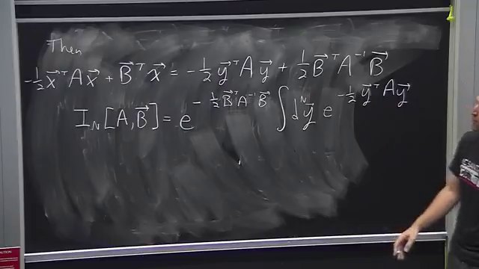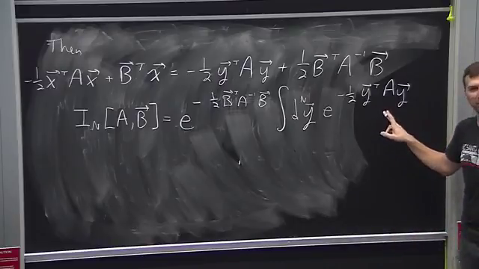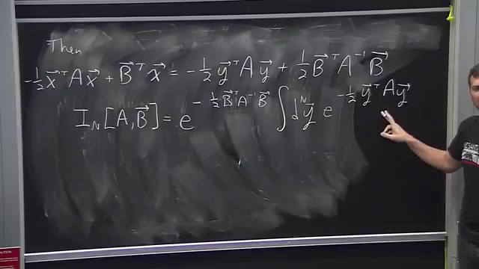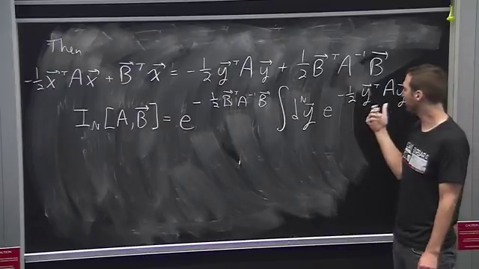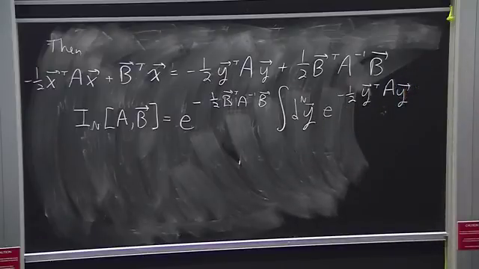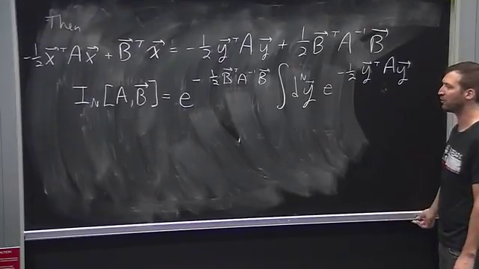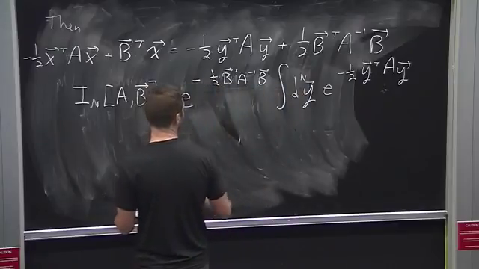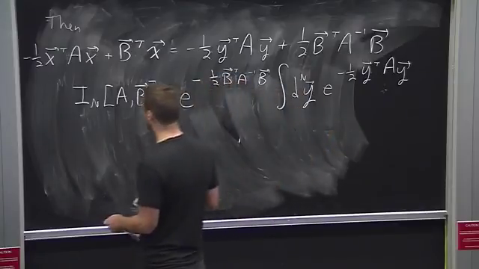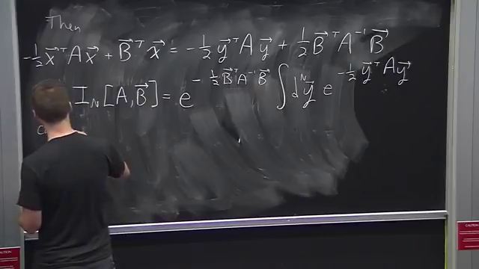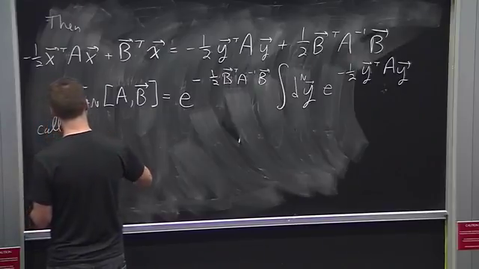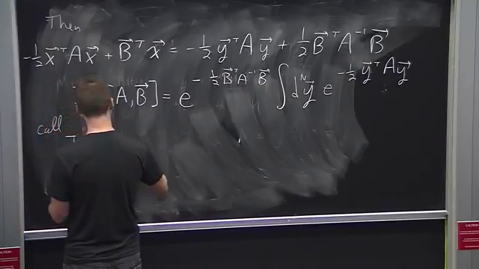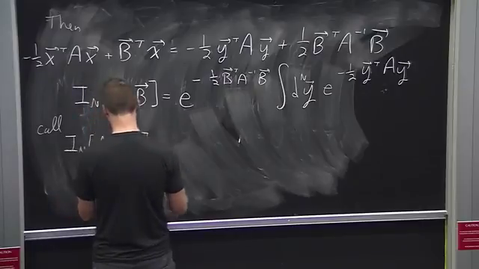We just knew it was root 2 pi over a. We just have to be a bit more careful with that. There's some Jacobian associated with diagonalizing that matrix. But once we do that, we're pretty much set. So let me call that the integral I n of A, but with b equal to 0, because we need that.